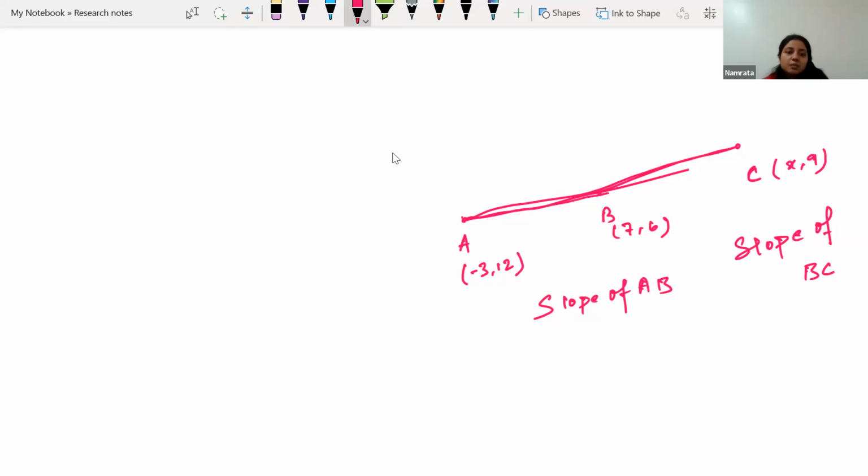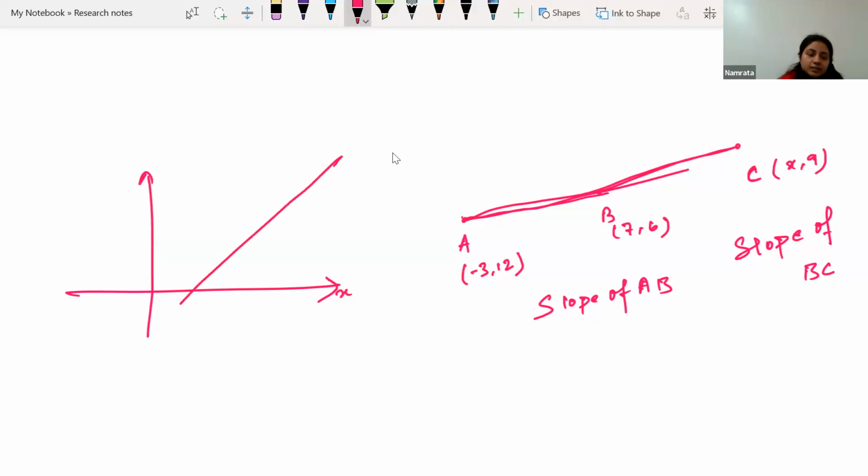Slope means, suppose we have the coordinate axis like this, and we have a line like this, suppose this is line L. When we talk about the slope of this line, we are saying how much this line is inclined, or in a general way, how much this line is tilted.